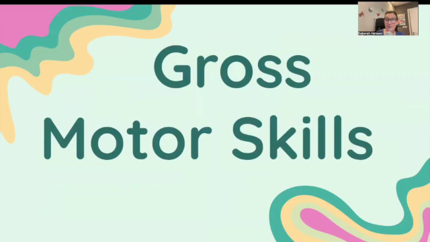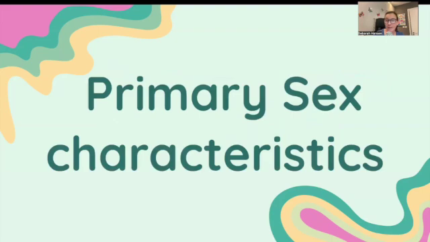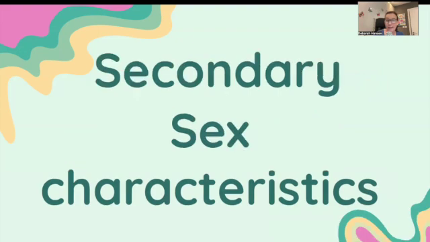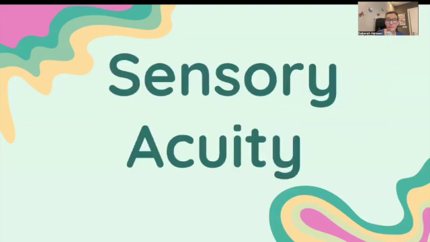Gross motor skills. Fine motor skills. Puberty. Primary sex characteristics. Give an example of this one as well. Secondary sex characteristics with an example as well. Menopause. Sensory acuity.